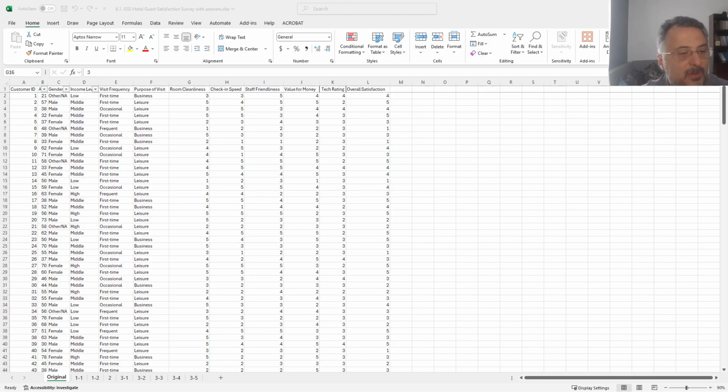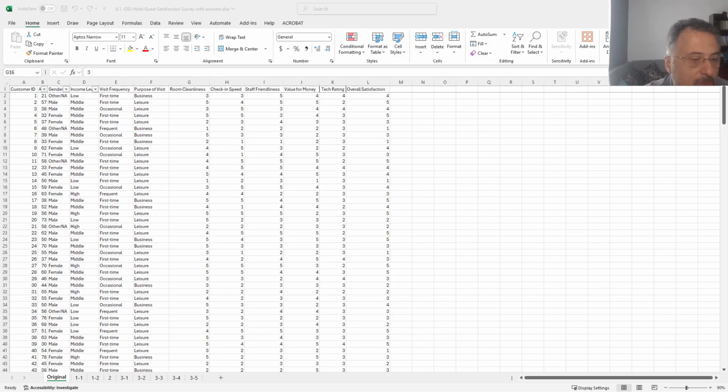You can do data visualizations, create bar charts, histograms, pie charts to visualize customer satisfaction distribution for each factor, for gender, for other things, for example. This survey doesn't have a time component, but if there was one, you can calculate, for example, monthly customer satisfaction scores and plot line charts to visualize trends over time.